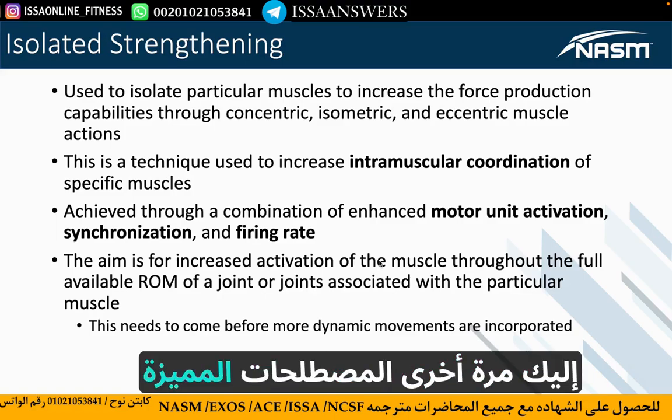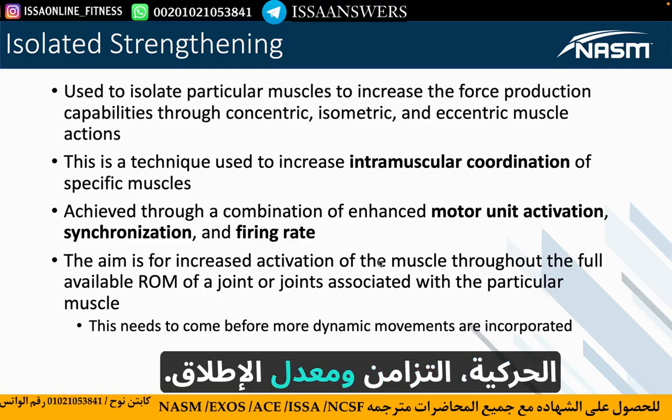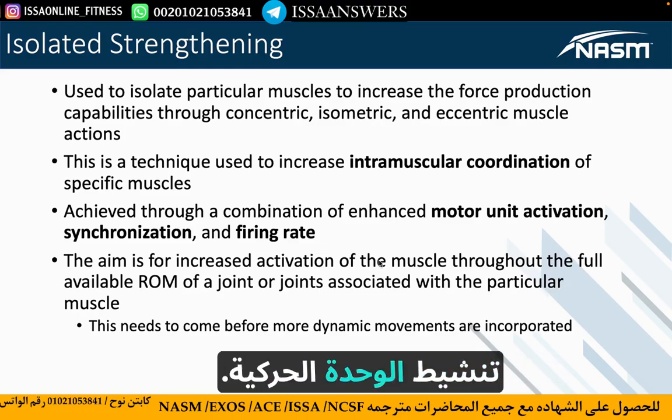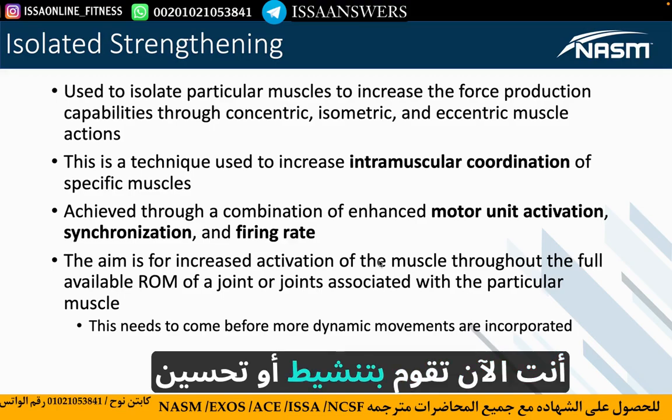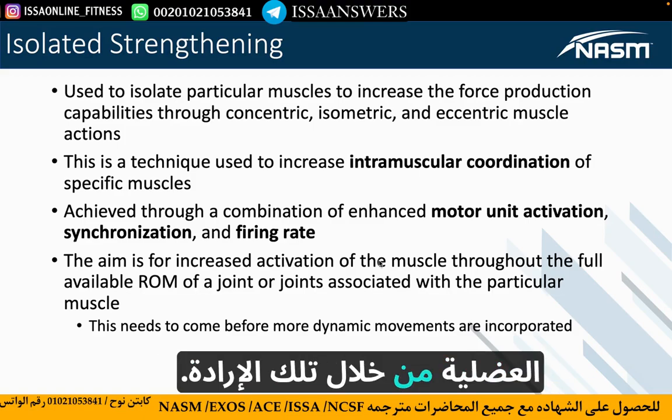Okay. What happens with that? Here again are highlighted terms that we want to pay attention to. We want to enhance a combination of motor unit activation, synchronization, and firing rate. With motor unit activation, you are activating or enhancing a better rate of muscle-nerve connections.